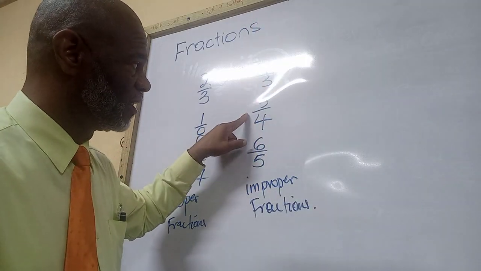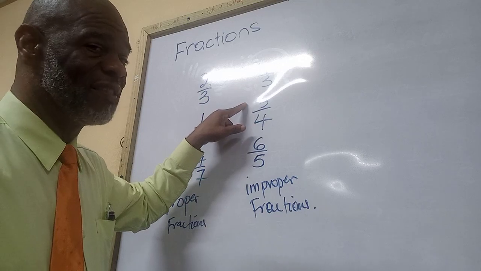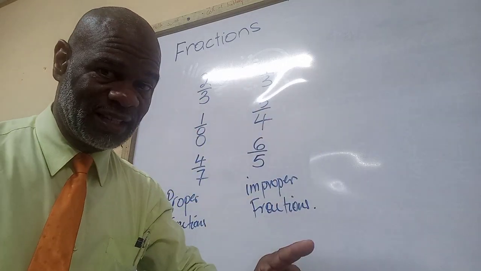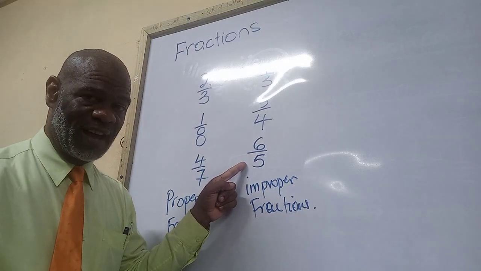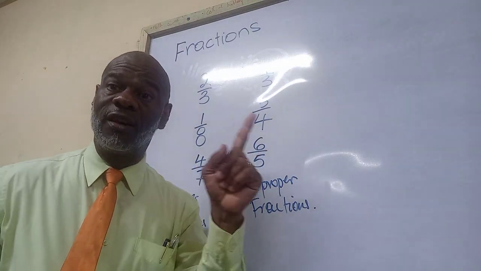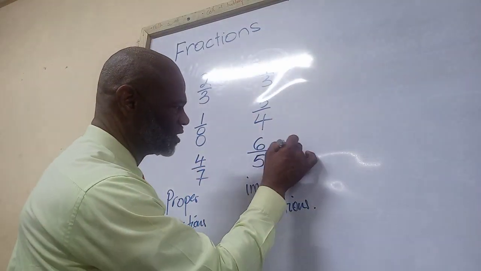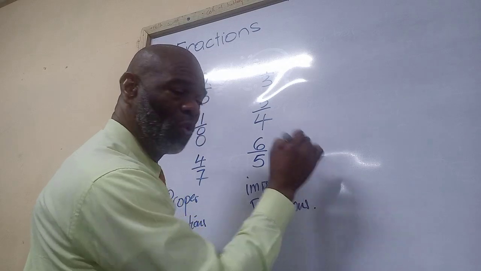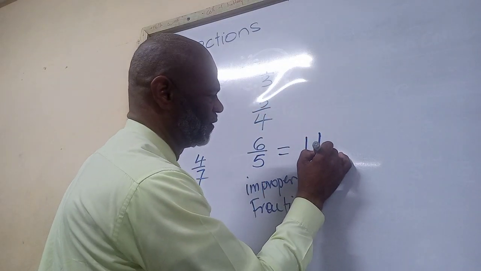Same thing for 5/4. How many times can we get 4 out of 5? One time and 1 is left. Same thing for 6/5. We can get 5 out of 6 one time, and what is left? 1. Good. So this fraction would make 1 whole and 1/5.